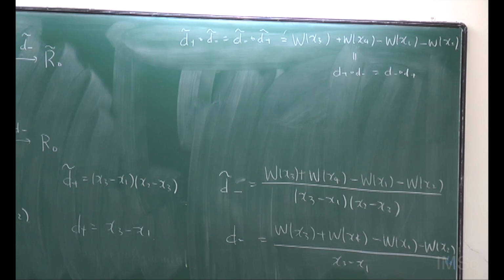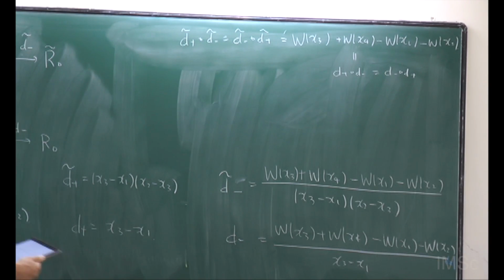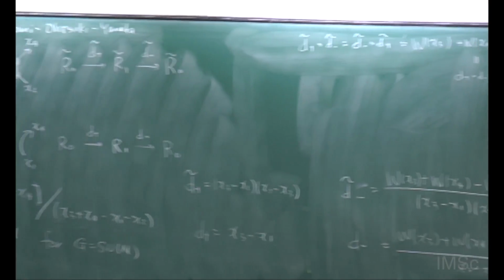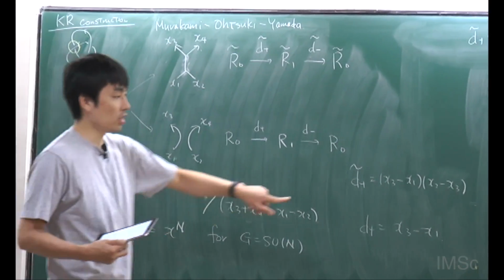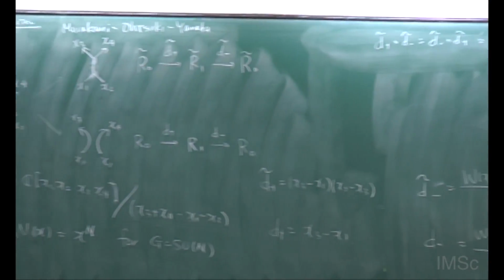It's not obvious that the D minus is such a polynomial. Instead of rational function, you mean? This one is rational function. Once you plug in this one, sorry, they are just polynomial.